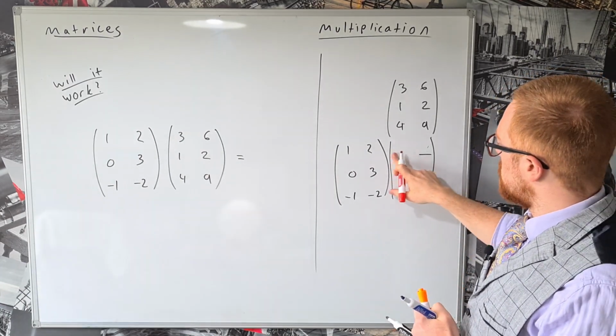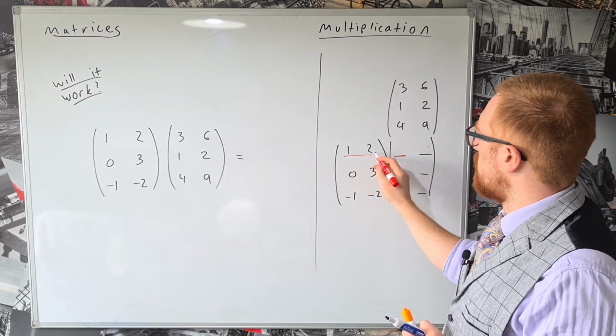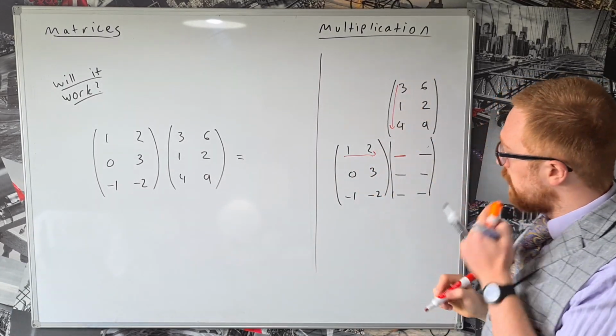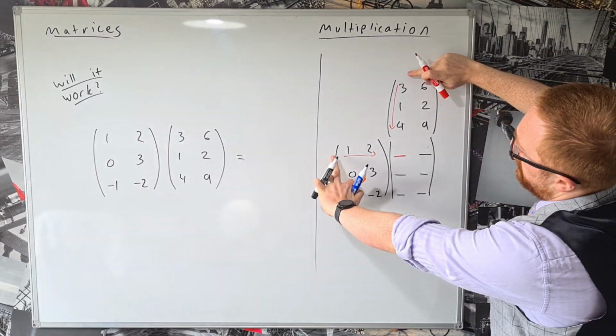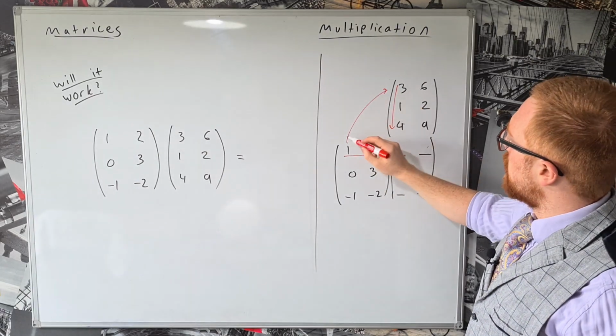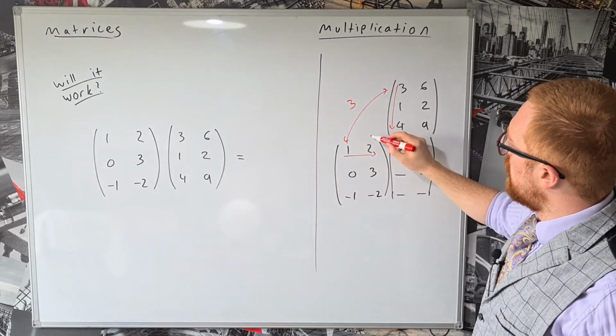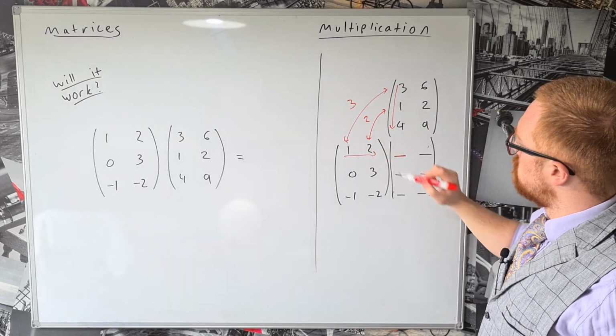If we're going to multiply these, let's work out this number first. That's going to be this row times this column. And again, I'll draw the arrows on like we did before. Working our way from the outside towards the number, we get 1 times 3, which is 3. We get 2 times 1, which is 2.